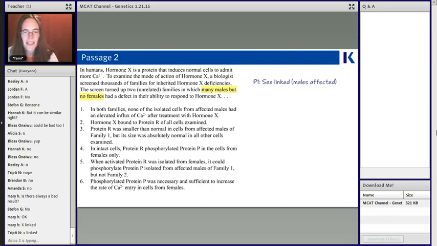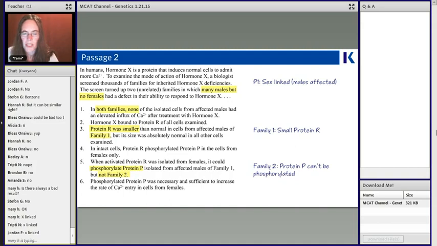Then I have this nice list of things. In both families, we know that there are problems. In family 1, protein R was smaller. So I'm going to write that down. Family 1, smaller protein R. Family 2, we couldn't phosphorylate protein P. So if protein P cannot be phosphorylated, is the problem with protein R or with protein P?